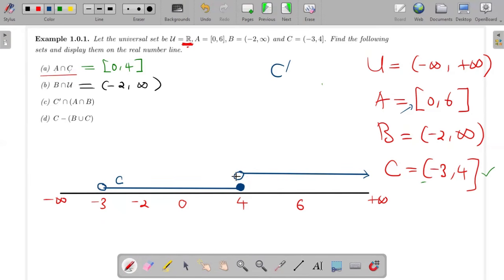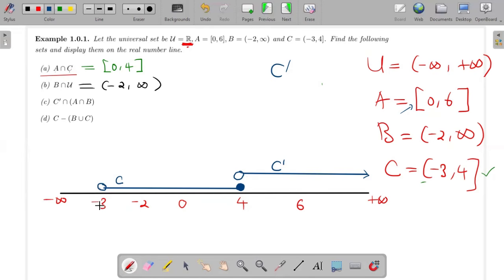This part that I've drawn is the first part of my C complement, because all the elements at this side are not part of C. They are outside of the set C. Then again, I go to the end point of C on this side, the -3.